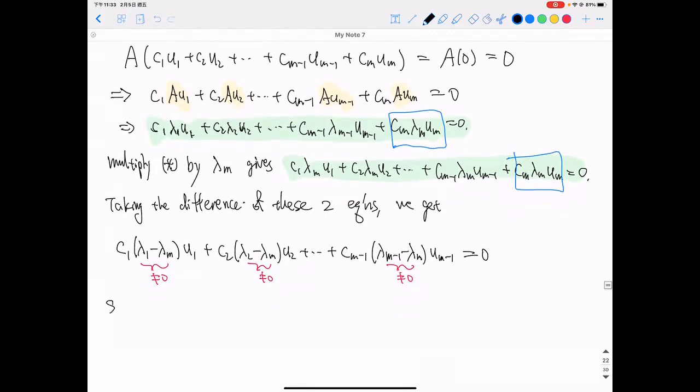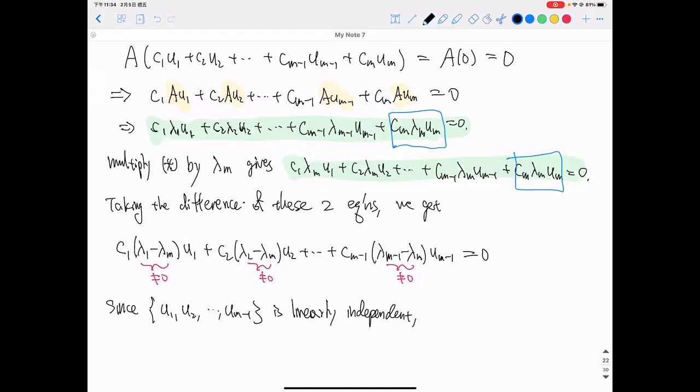Now since this is a linear combination of U1, U2 through U(m-1), which is a linearly independent set, we must have the coefficients all being 0.